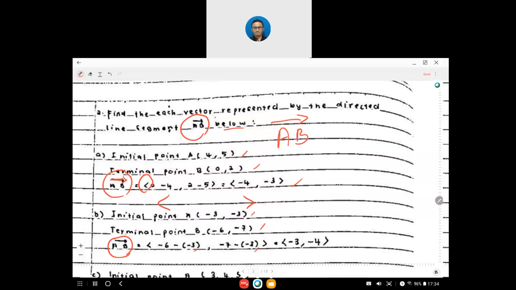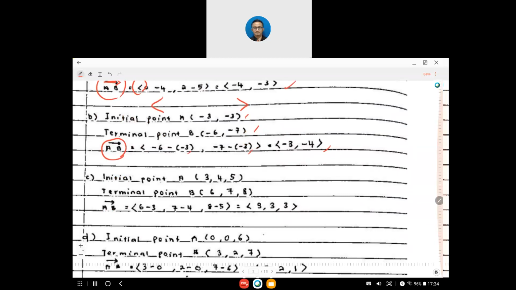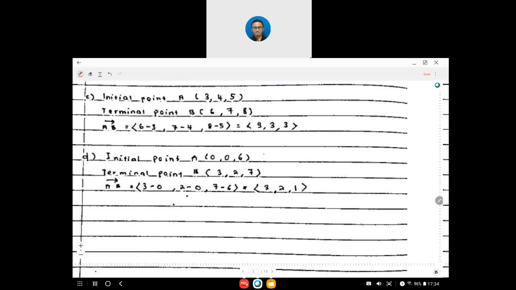So you get (-3, -4). And then C, the initial point is (3, 4, 5). The terminal point is (6, 7, 8). And then the vector AB equals (6 minus 3, 7 minus 4, 8 minus 5). And then you get (3, 3, 3).